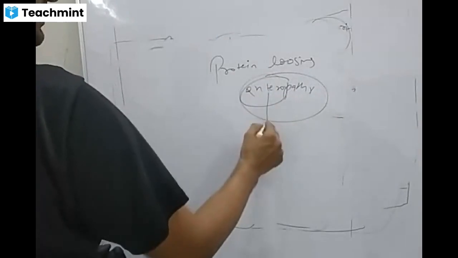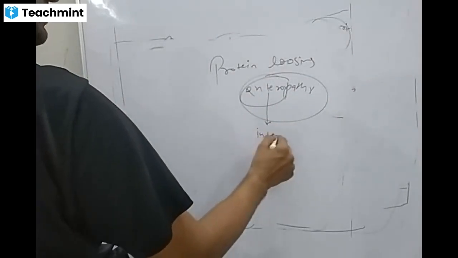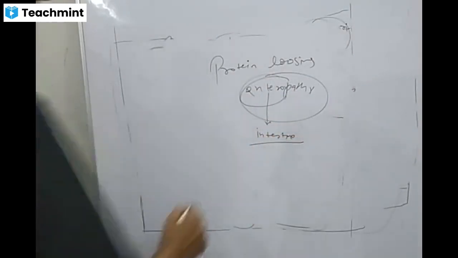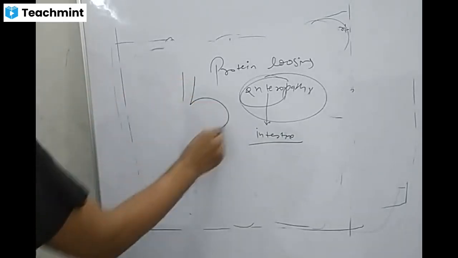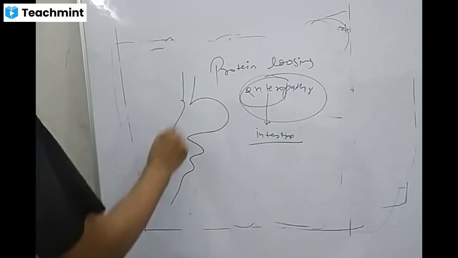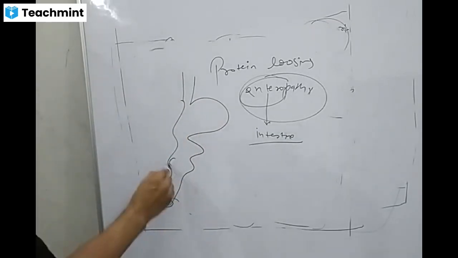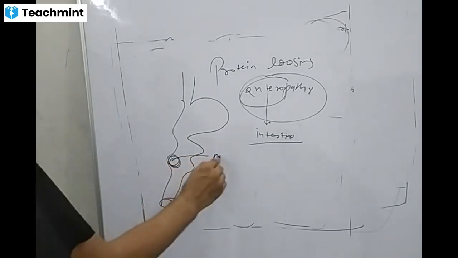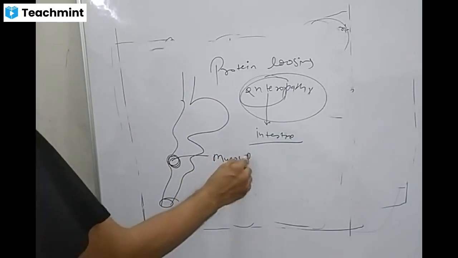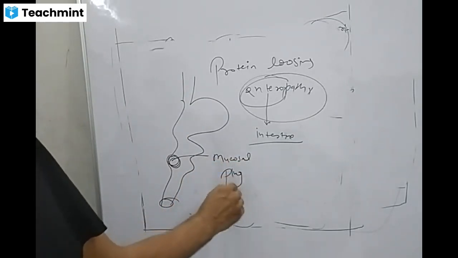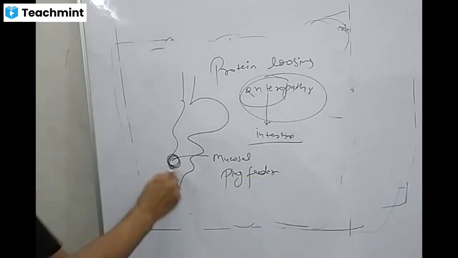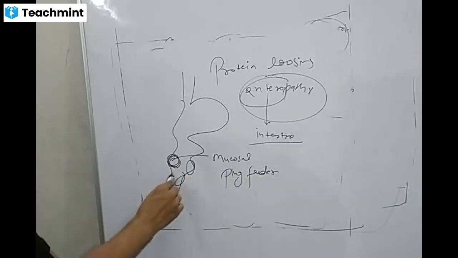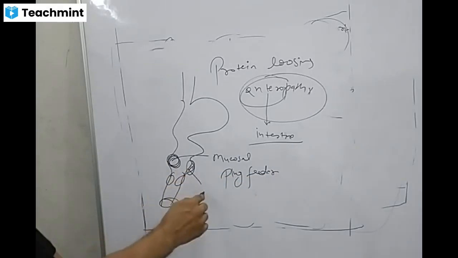Entero, that is something related with your intestine. If you remember, your amphistomes, they are the mucosal plug feeders. If they feed on mucosa in the form of a plug, that may lead to damage to the capillaries.